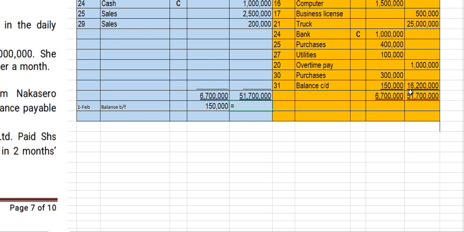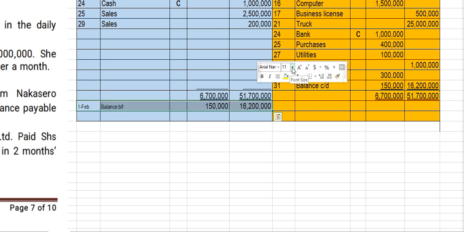So that is your cash book. For the balanced, that is our cash book. So this is the two-column cash book for the month of January for Malaika business. So this is how the cash book should look like after balancing.